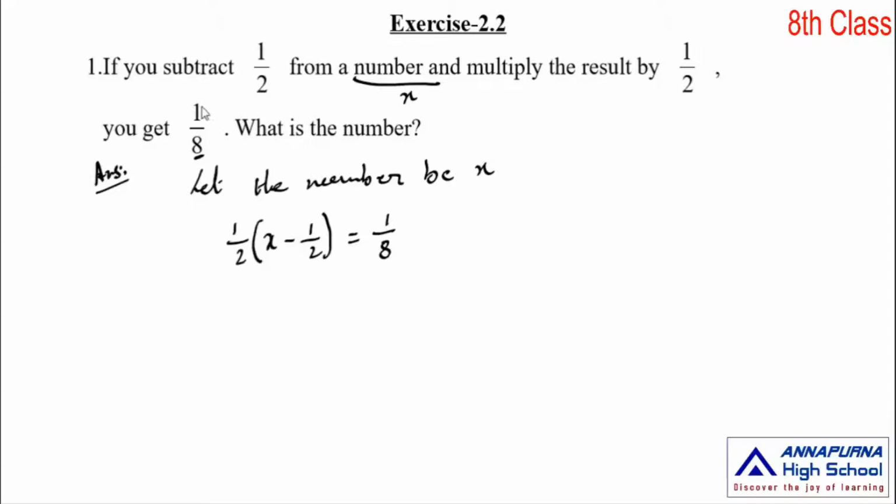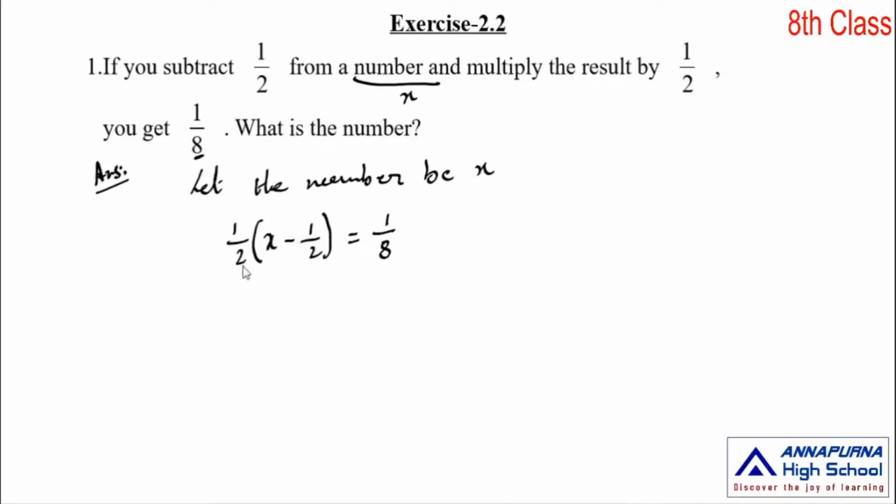Now the total situation is completely converted into a symbolic notation. It completely changes to a linear equation in one variable. Now you solve this equation to find the x value.